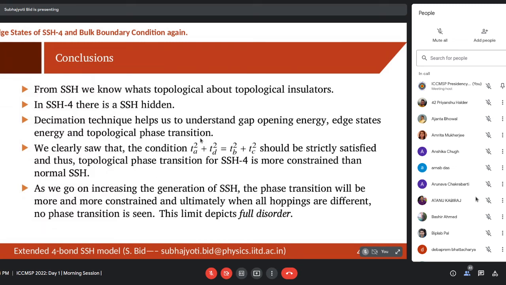What happens is that this condition will be more and more constrained, and ultimately when all hoppings are different, no more phase transitions are seen, and this limit depicts full disorder. Where all the hoppings are different, there is no symmetry of the problem, full disorder, we have no topological phase transition. So my logic also proves this, that as we go on increasing the generation of SSH, it will ultimately lead to full disorder and there will be no topological phase transition.